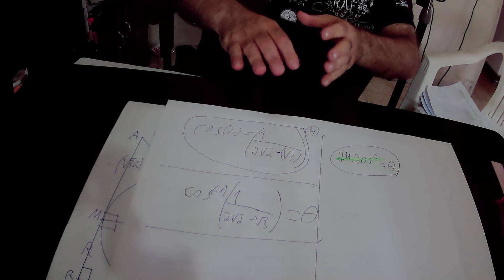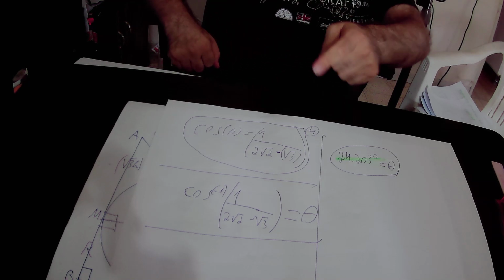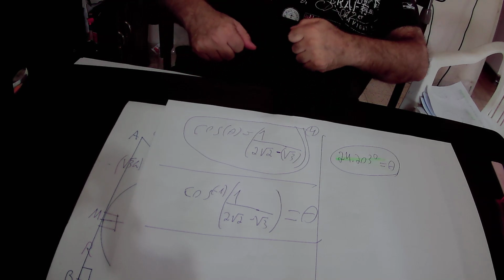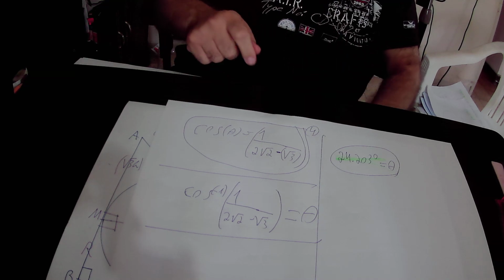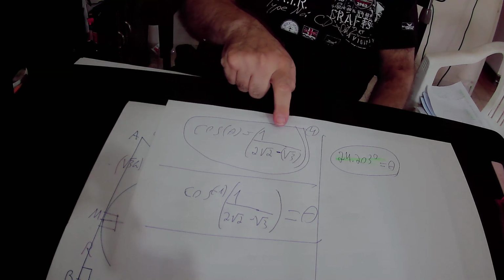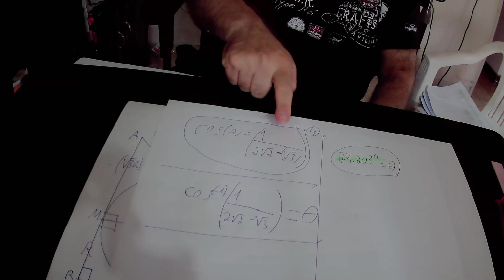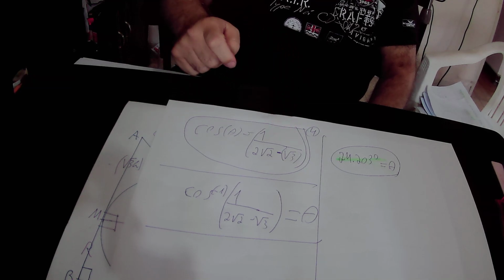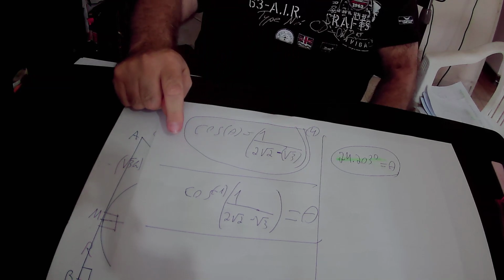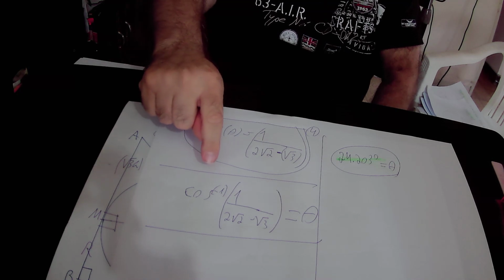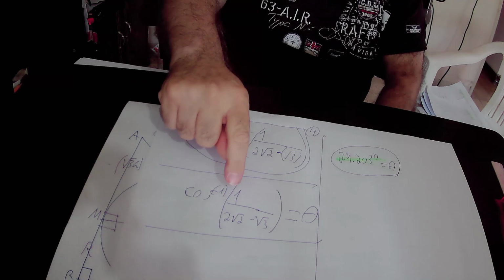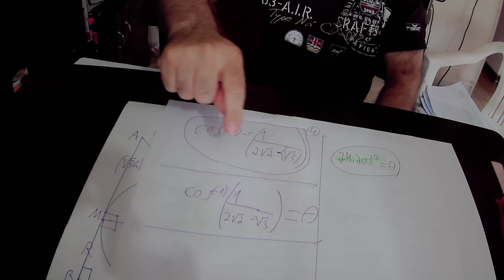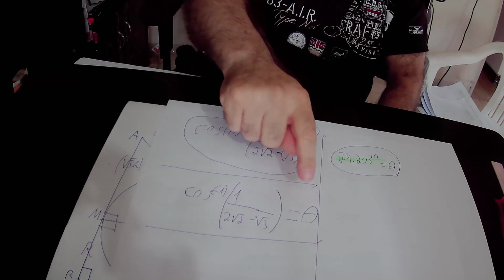Our mission is to find the value of theta itself. In order to find the value of theta, we will operate the inverse function of cosine, that is cosine minus 1, on this expression. So we applied cosine minus 1 on the result, that is 1 over 2 times square root of 2 minus square root of 3. In this way, you get the value of theta itself.